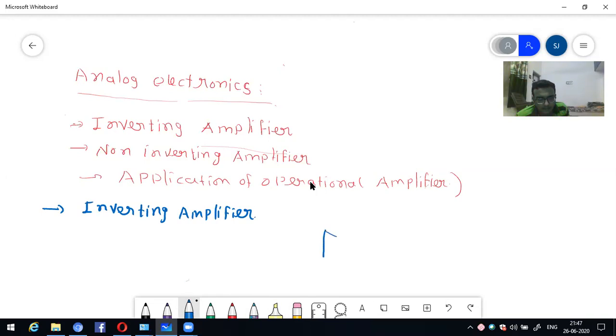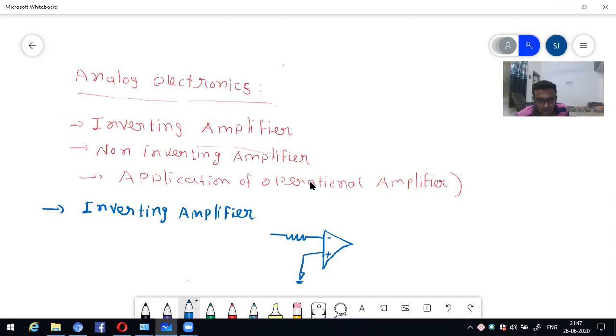See, this is the symbol of operational amplifier. This is known as negative terminal. This is known as positive terminal.